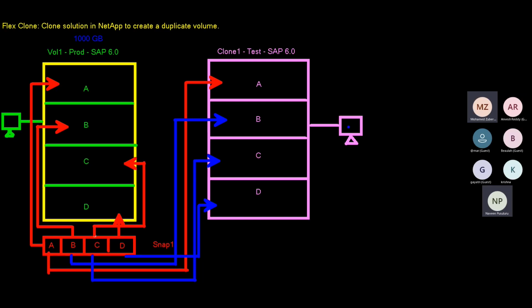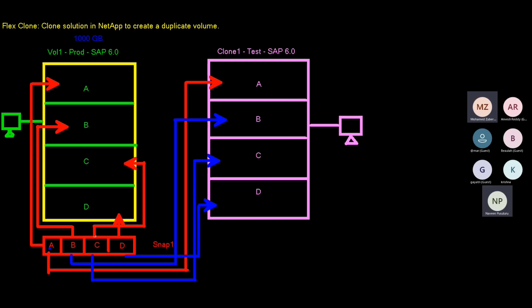So whenever my client is trying to access this data and modify this data, my clone will send a request to snapshot stating that, okay, my client is accessing these particular data blocks and wants to modify them. So it will send a request to snapshot. Then snapshot will send a request to production volume with the same information. Then production volume will send those blocks to snapshot.